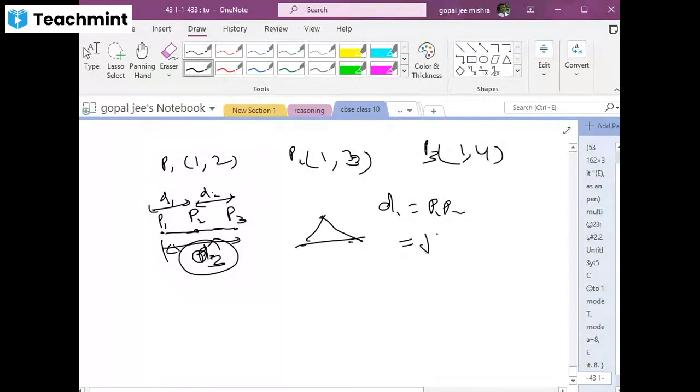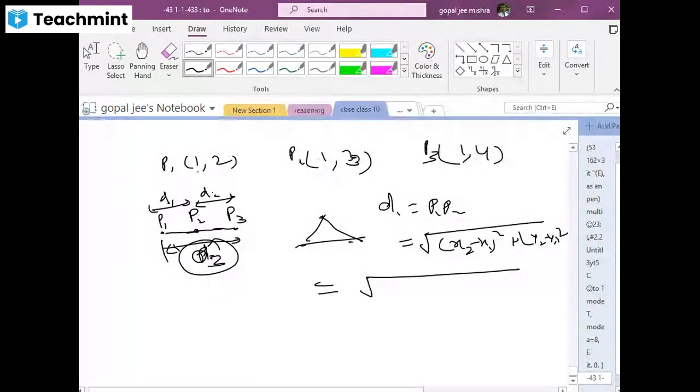The formula should always be written, beta. That is very important: x2 minus x1 whole square plus y2 minus y1 whole square. Very clearly, here you can observe x2 minus x1 cancels, 1 minus 1 is 0.